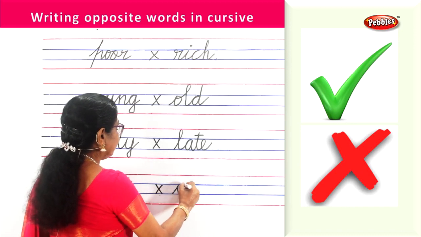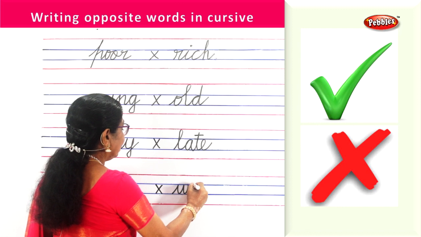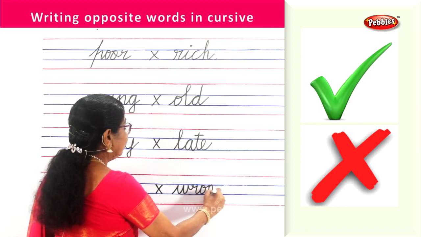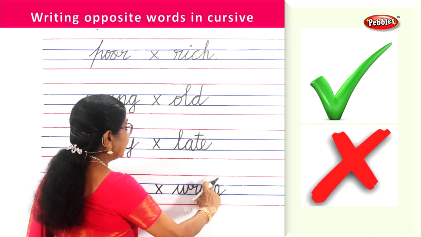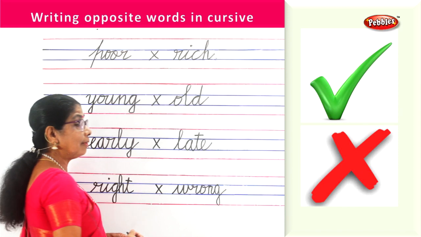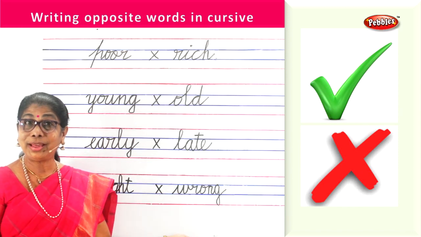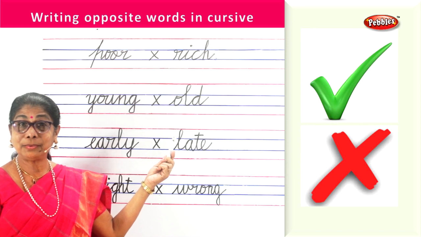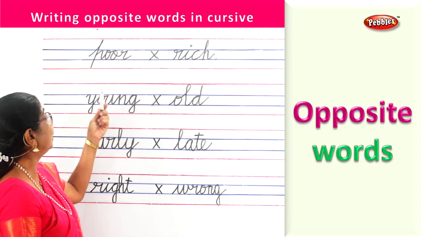W, R, O, N, G. Wrong. Teacher corrects. She either puts right or she puts wrong with a nice pen. Yes, right, wrong.